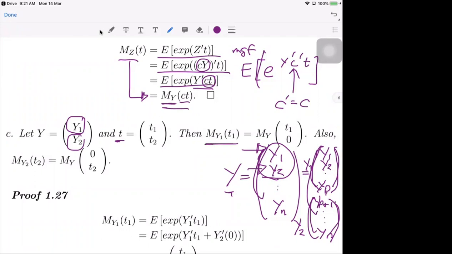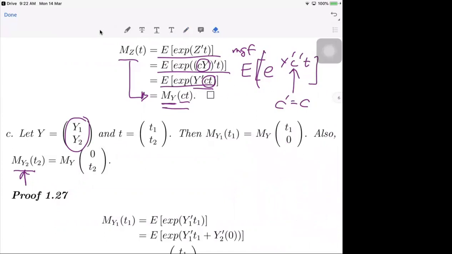So what will be the moment generating function of Y1 and what will be the moment generating function of Y2? Again, I want to emphasize that this Y1, Y2 here is not necessarily the first two elements in your Y, but it is a partitioning of your vector Y. Do you understand?